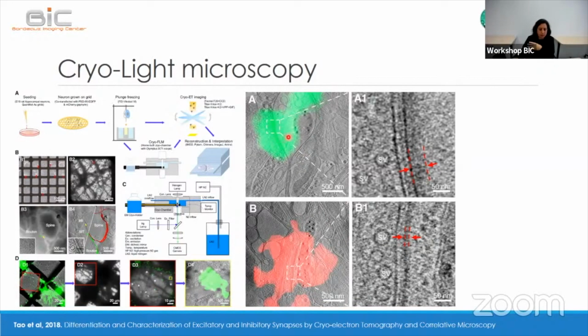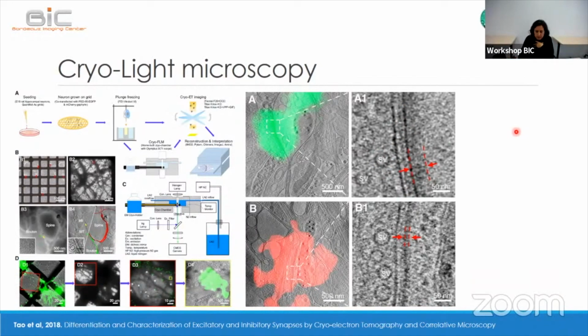In this way, they can discriminate the type of synapse they are observing by electron tomography, and describe with nanometric resolution the size of the different components of the synapse, like the postsynaptic density, the distance between the membranes, and the size of the synaptic vesicle. There are other structures that have not been observed before at this resolution.